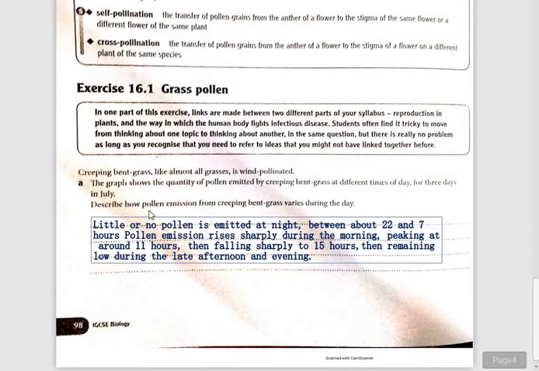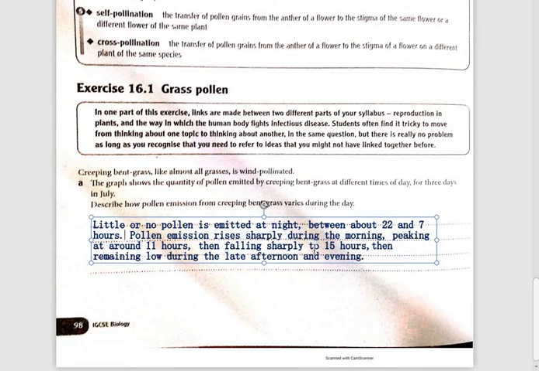Now, describe how pollen emission from creeping bent grass varies during the day. You can see that little or no pollen is emitted at night, between about 22 and 7 hours. Pollen emission rises sharply during the morning, peaking at around 11 hours, then falling sharply to 15 hours, then remaining low during the late afternoon and evening.